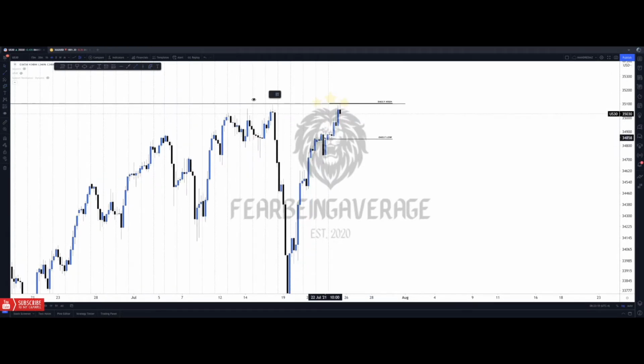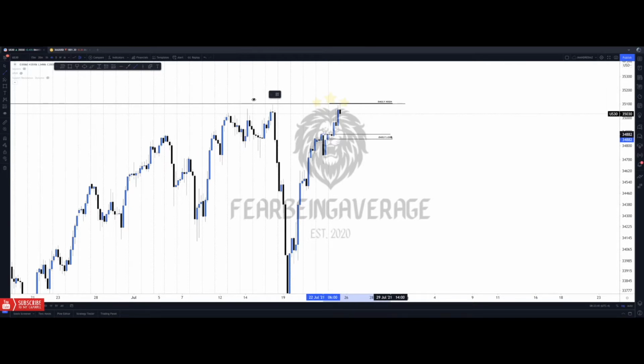On the 4-hour time frame, this candle right here, let me color it in. This last bearish candle before this up move is going to be our 4-hour bullish order block.